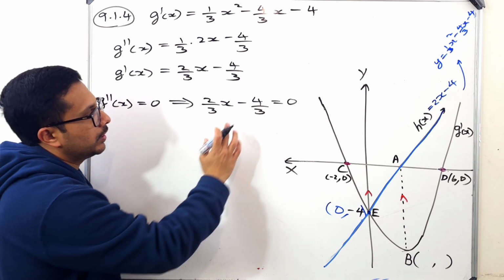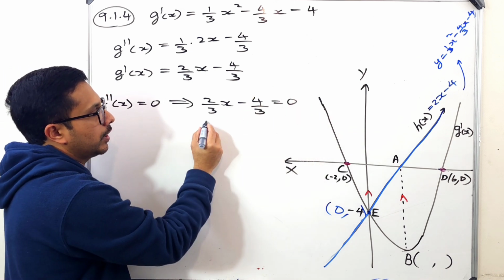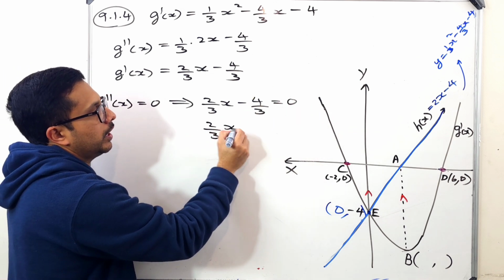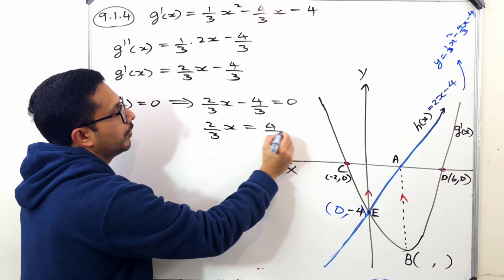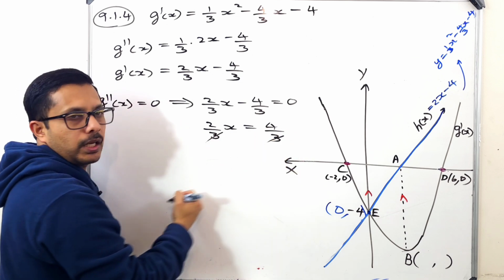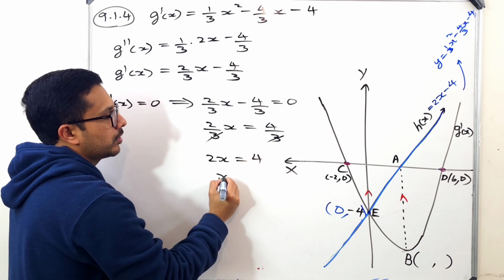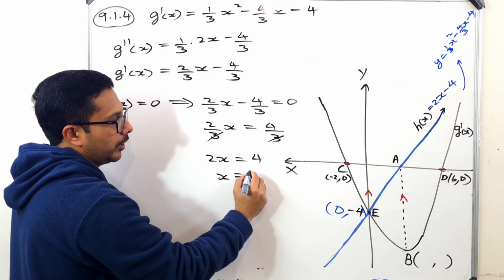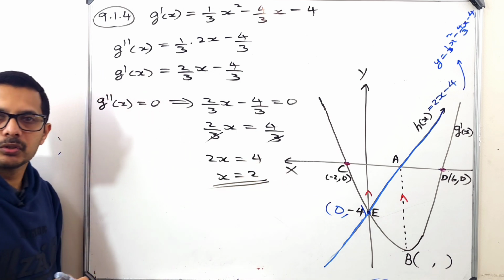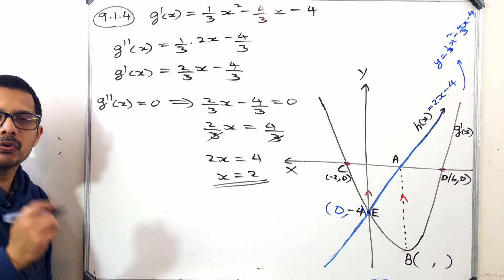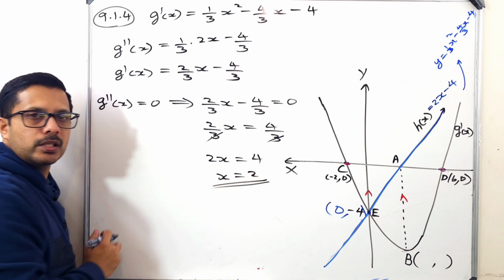We can simplify this. Take the minus 4 over 3 to the other side. So 2 over 3 x is equal to 4 over 3. The 3s cancel. So what is remaining? 2x is equal to 4. x is equal to 4 divided by 2, that is 2. x is equal to 2. So what is the x value of the point of inflection? x is equal to 2.